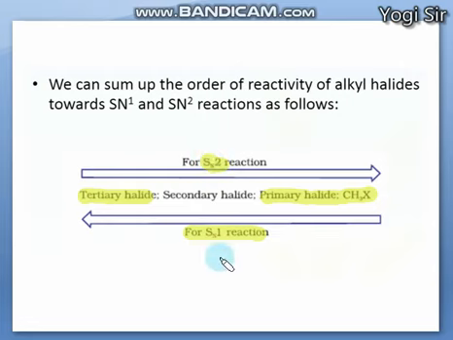That pathway is decided by the type of alkyl halide present, right? Primary and methyl halides favor SN2, while tertiary favors SN1, and secondary can undergo both SN2 as well as SN1, and that selectively depends upon the type of leaving group as well as the nature of the solvent we select.